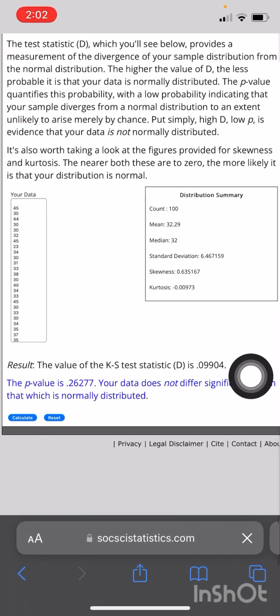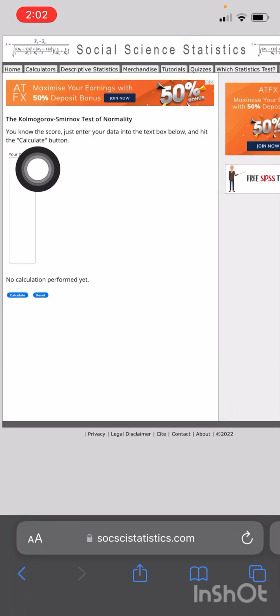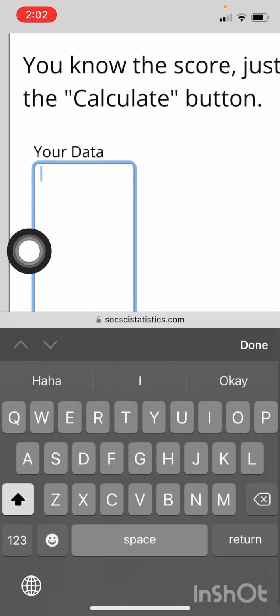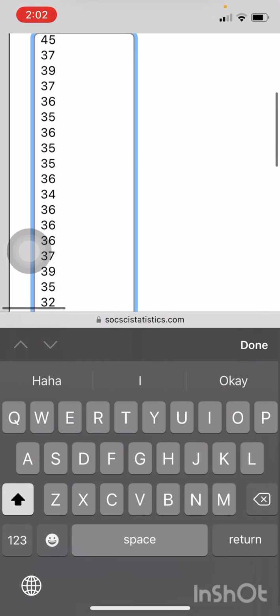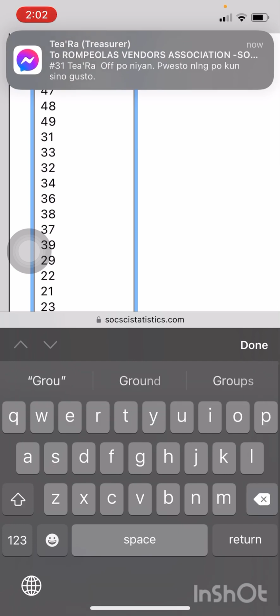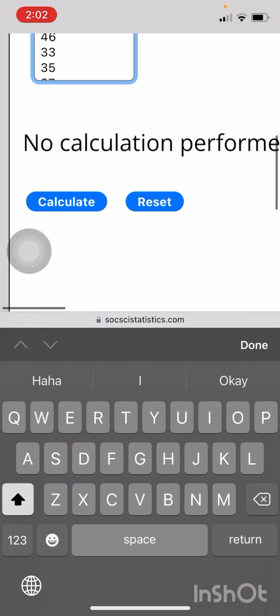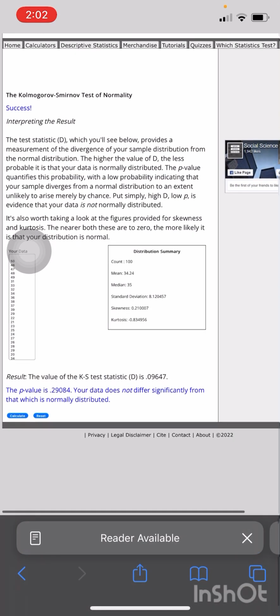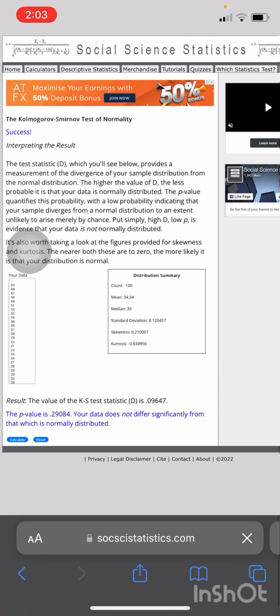And we will reset the Kolmogorov calculator. Just enter your data, so paste, 100. So we will calculate, and our Kolmogorov test of normality is successful.